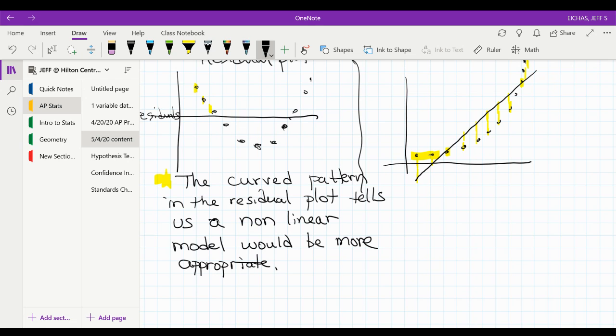We're not going to take the risk saying that the linear model is not appropriate here. We're just going to say a non-linear model would be more appropriate. You should check out a non-linear model.